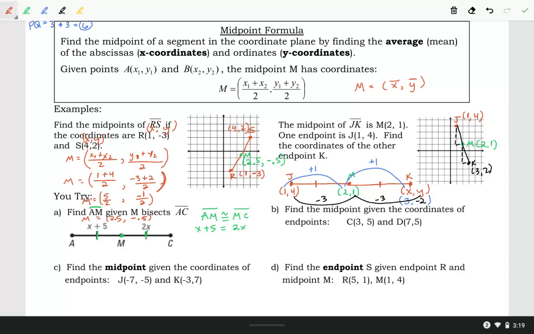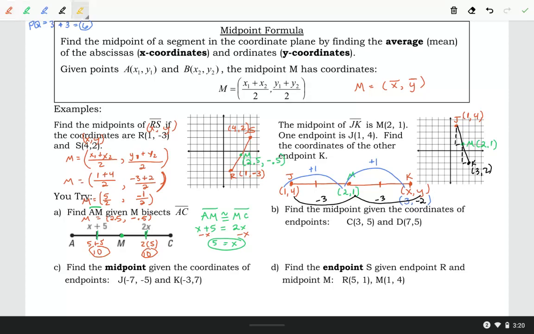So I want to get X by itself. I'm going to subtract X from each side of my equation, which tells me that 5 is equal to X. Now I'm going to plug that in. 2 times 5 gives me 10, and 5 plus 5 also gives me 10. So AM is 10 and MC is 10.